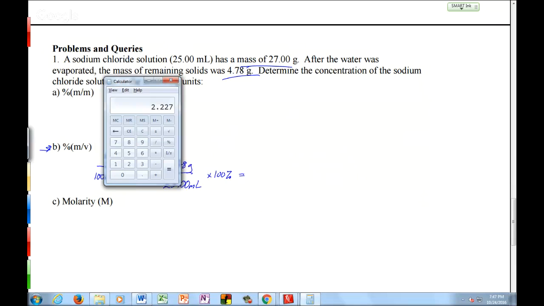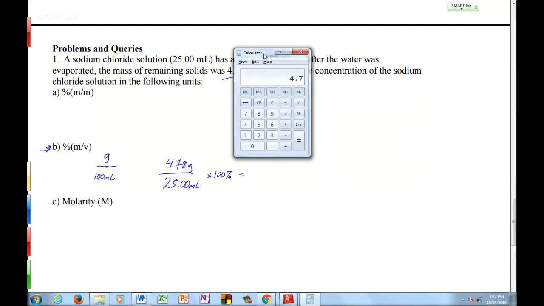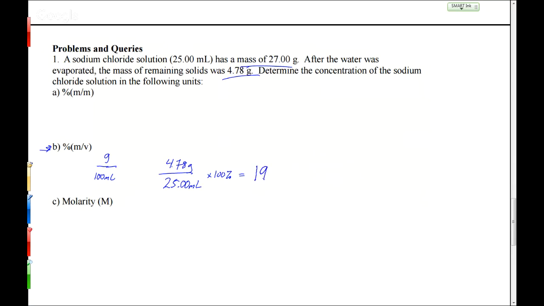This first one, mass by mass we talked about: the mass of the solute divided by the mass of the solution. So you can do that because you're given the mass of the solution and the mass of the solute, and that's what we did during lab 2. But this middle one, mass by volume, we didn't talk about, and that won't be on the exam either. So let's just talk about how to do that.